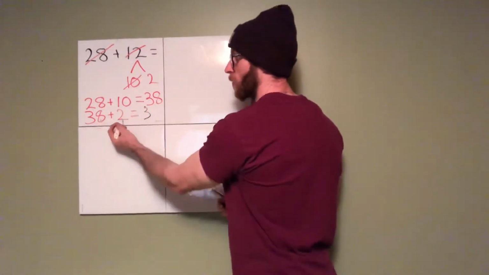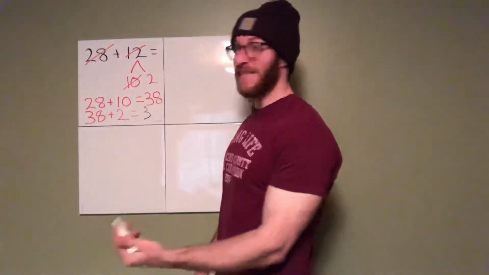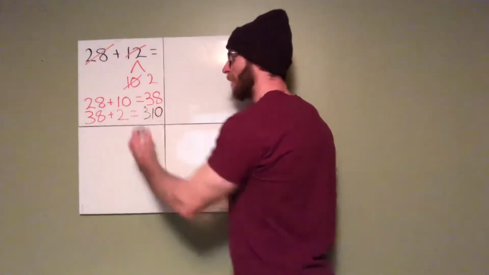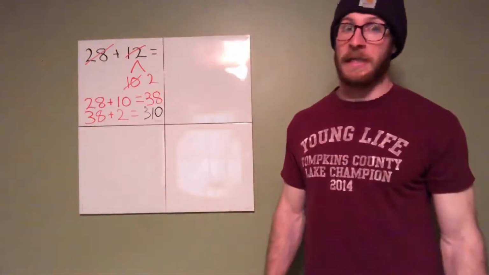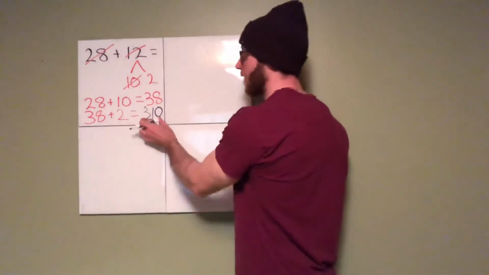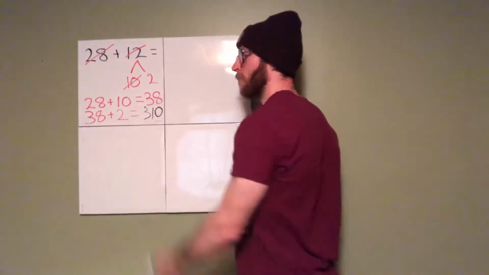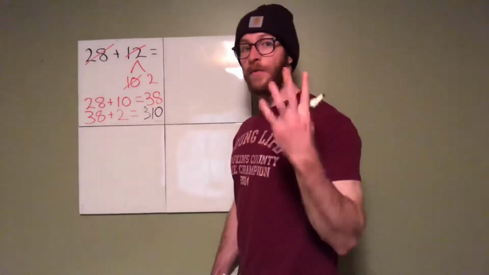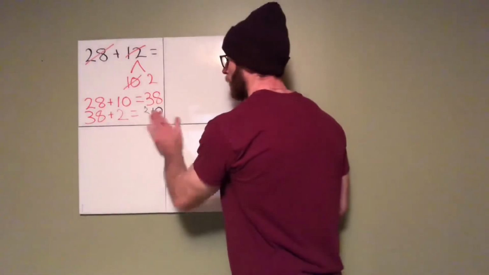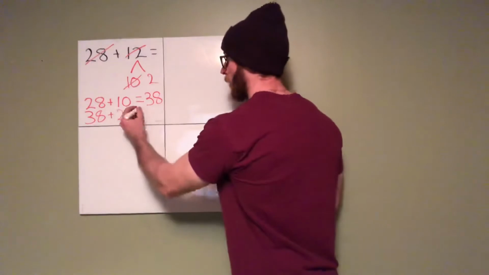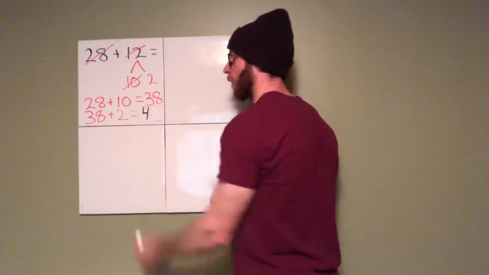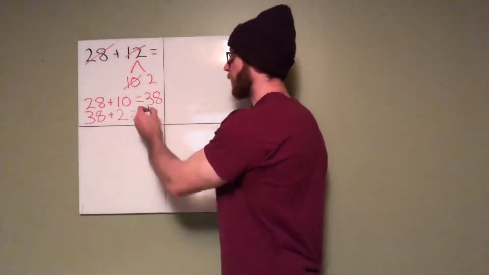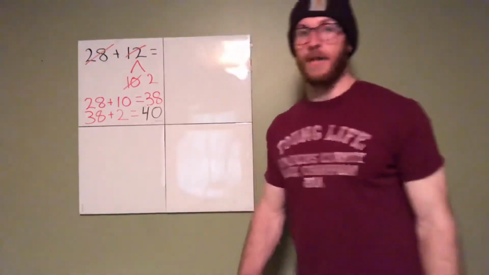And then 8 1s plus 2 1s, I'd get 10. And my answer isn't 310. I need to take this 10 and add it on to my tens place. So 3 10s plus 1 more 10 is 4 10s. So that's where I got the number 4 for the tens place. And then we had 0 extra 1s after that. So our answer was 40.